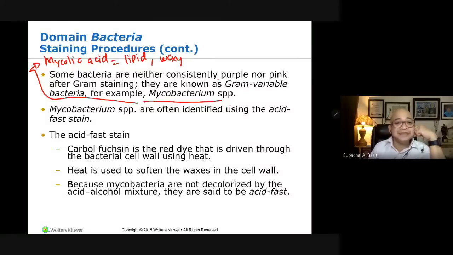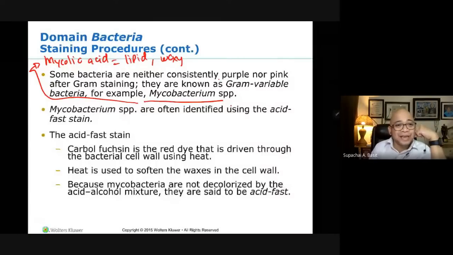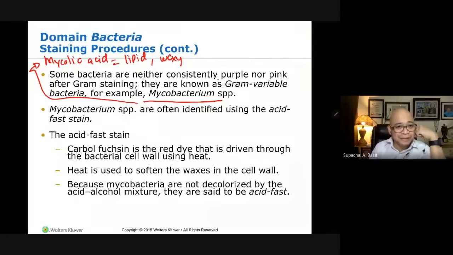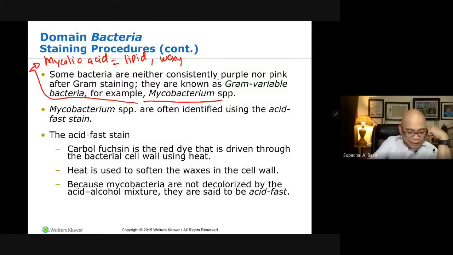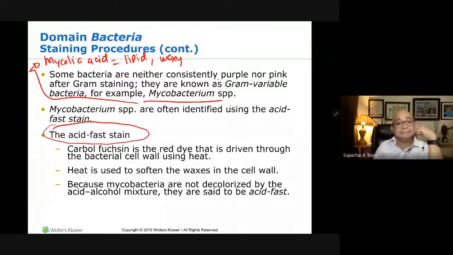Therefore, instead of using gram stain for Mycobacterium, we should be using the acid-fast stain.